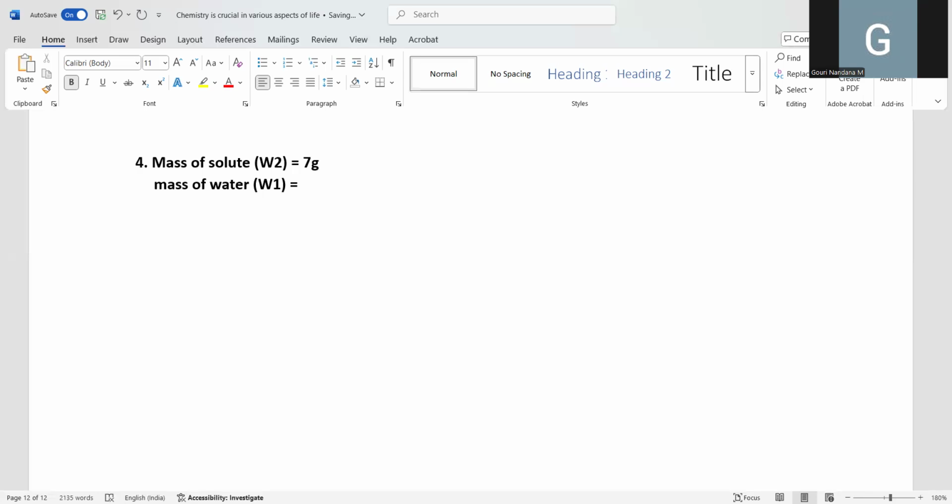But we need to change it into kilogram. So 250 divided by 1000 is 0.25 kilogram.